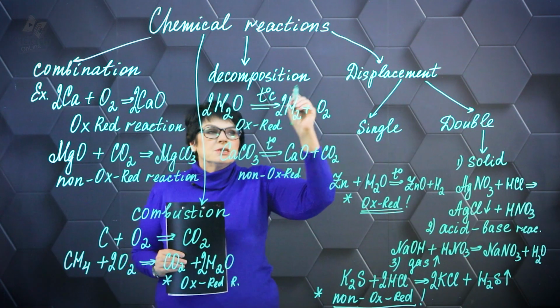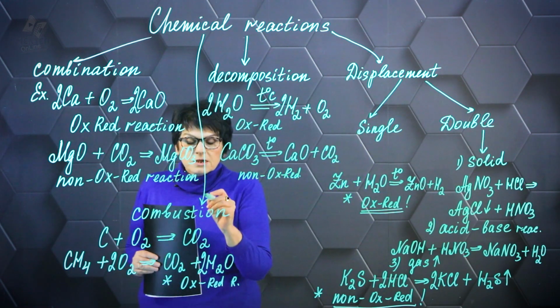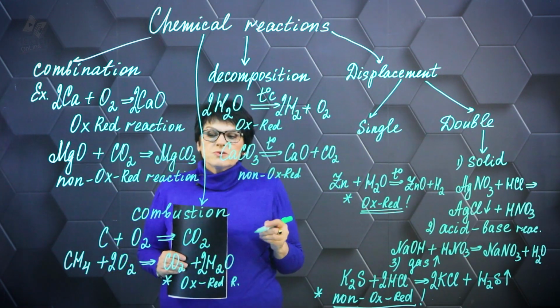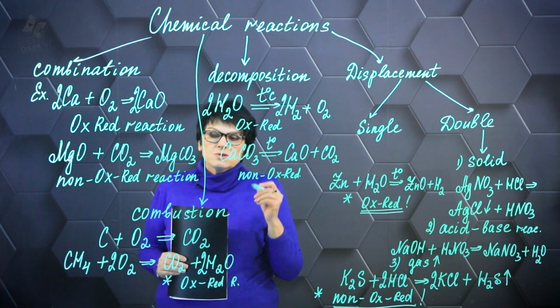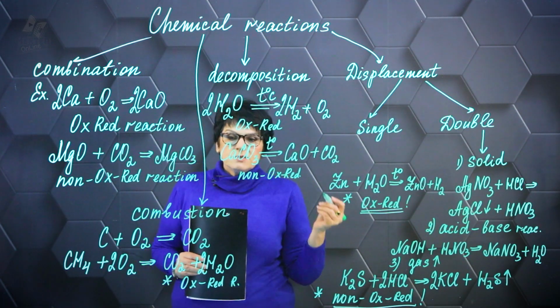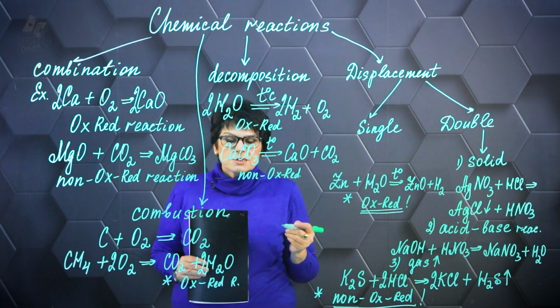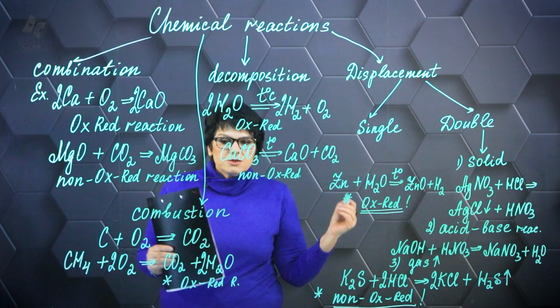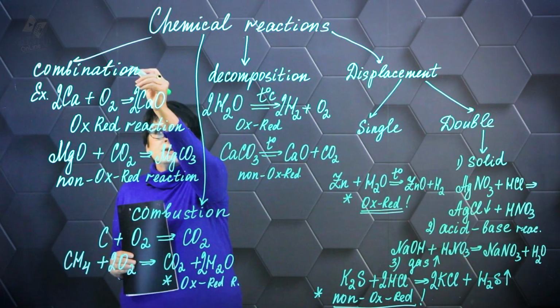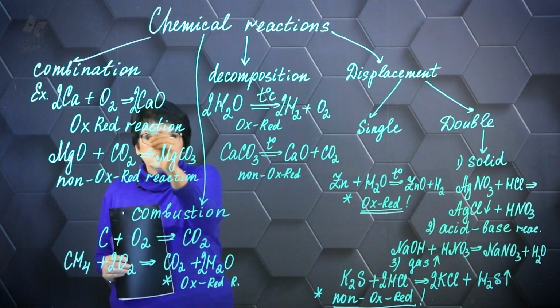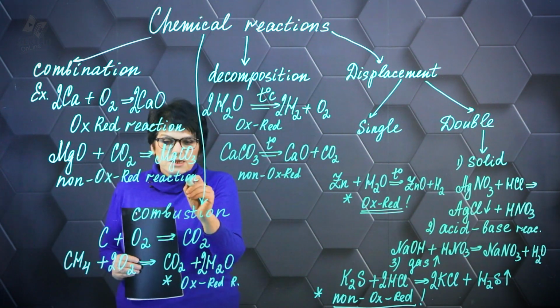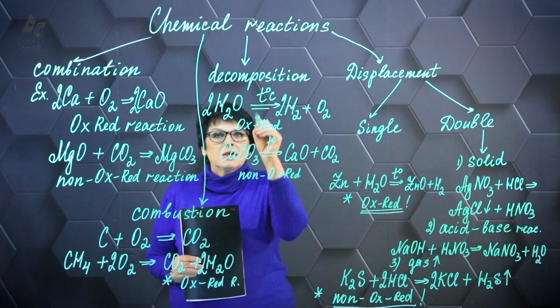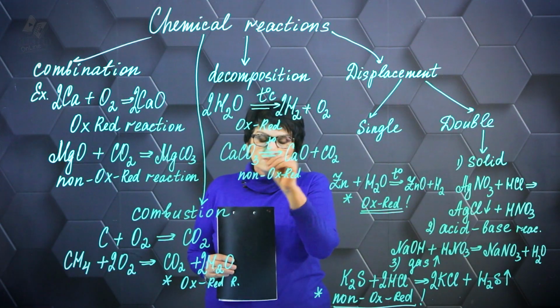Compounds, decomposition, substitution and combustion, but plus we've included here the classification of, for example, a redox reaction and a non-redox reaction. And to summarize, coupling reactions can be both redox reactions and non-redox reactions.